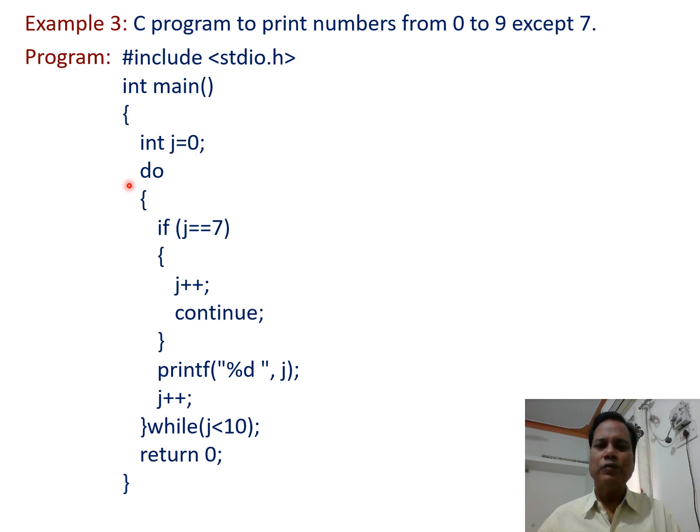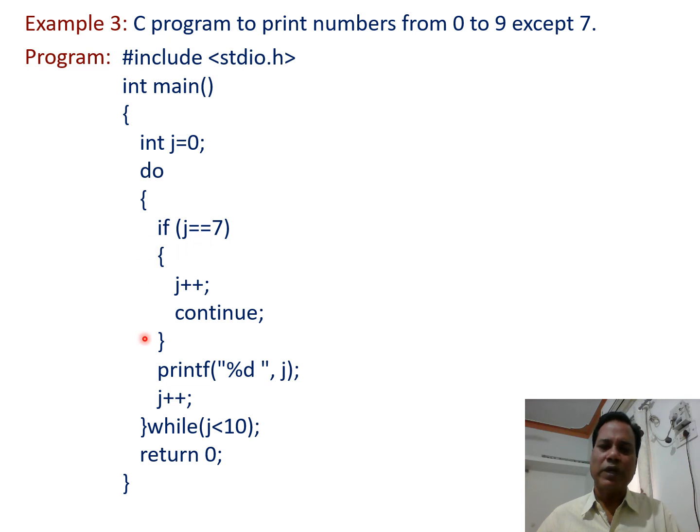Then we enter the body of the do while loop. In the body of the do while loop, if j equal to 7, the first time, this condition is false.